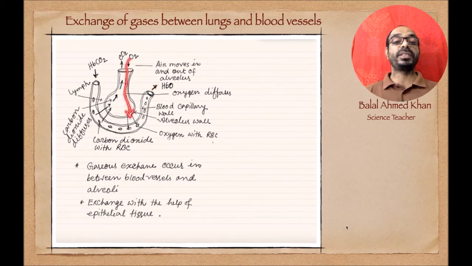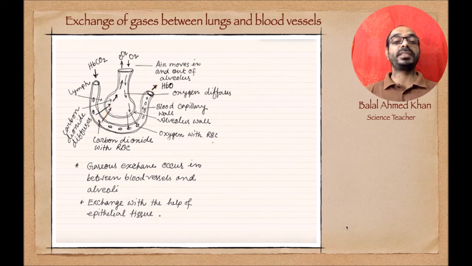In this way, oxygen is transferred to the blood capillaries with the help of diffusion and forms oxyhemoglobin. This outer covering layer is single layered epithelial tissue. With the help of these two single layers, gases diffuse from the alveolus to the capillaries and from the capillaries to the alveolus.